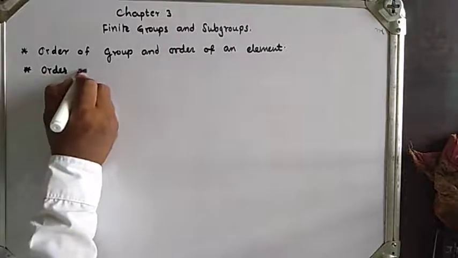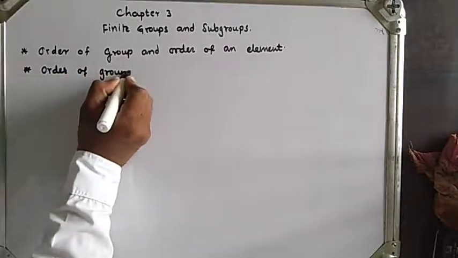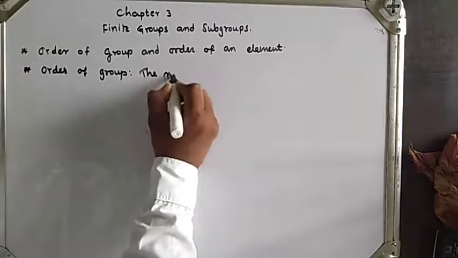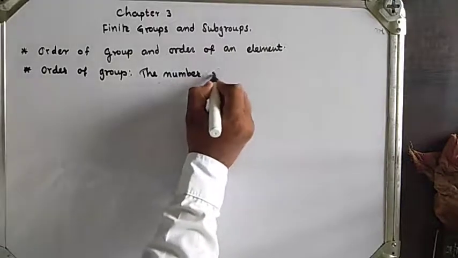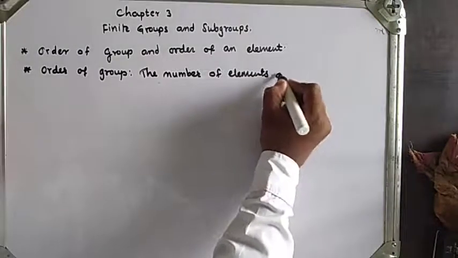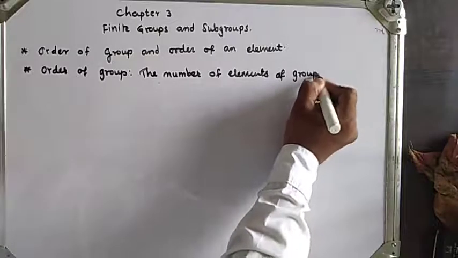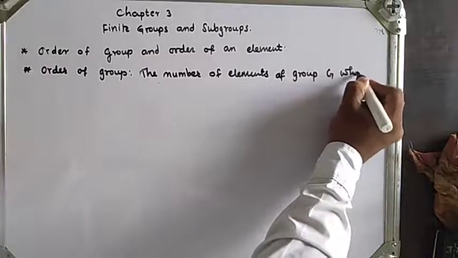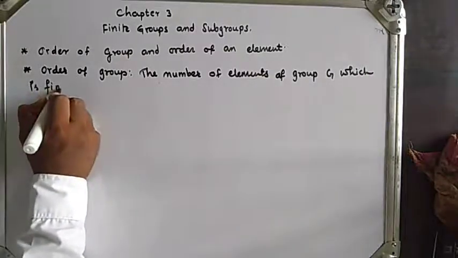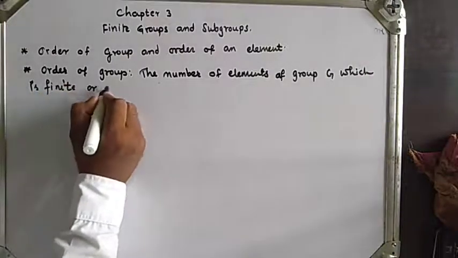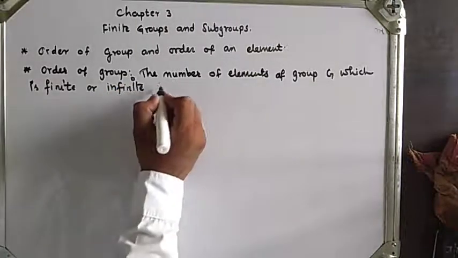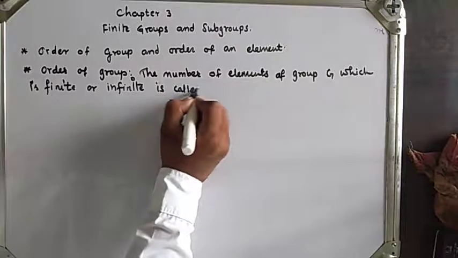Order of group: the number of elements of group G, which is finite or infinite, is called the order of that group.